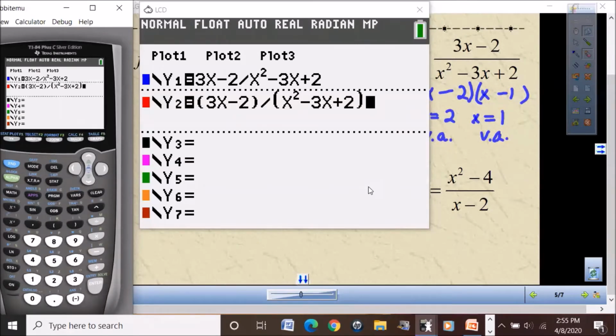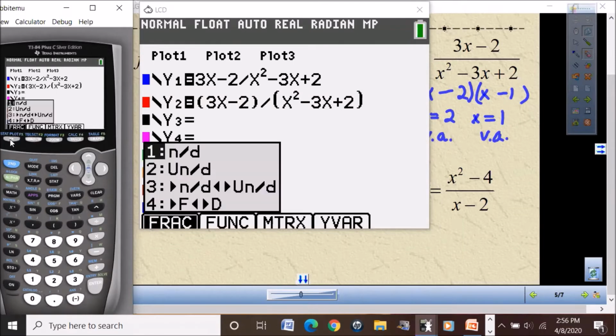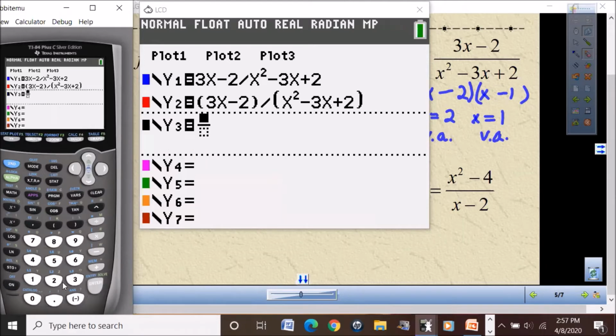Or if you can use the more advanced features of your calculator to make something look like a fraction, then that is ideal. Hit alpha y equals to see the fraction options for your calculator. Choose n over d, numerator over denominator, and put 3x minus 2 in your numerator and x squared minus 3x plus 2 in your denominator. And we'll see that both the red graph and the black graph will give us the correct graphs for this function.